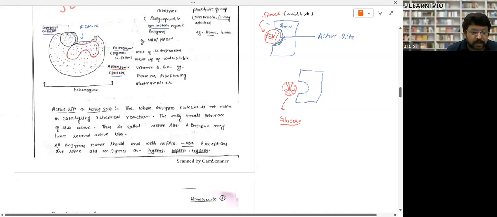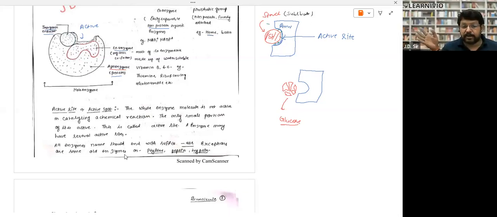That is important. All enzymes should end with the suffix "ase". Exceptions are some of the old enzymes. So nowadays, in modern enzyme nomenclature, we always add the suffix ase, like protease, which digests protein, carbohydrase, digesting carbohydrate, lipase, digesting lipids, right?